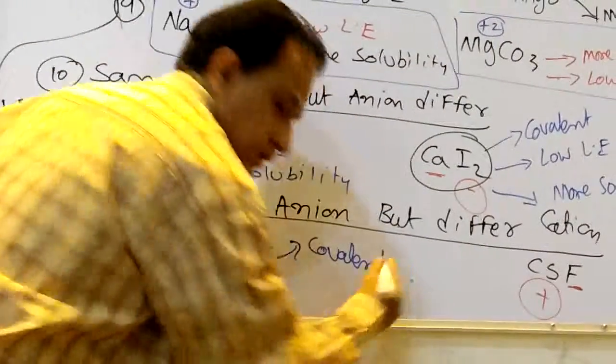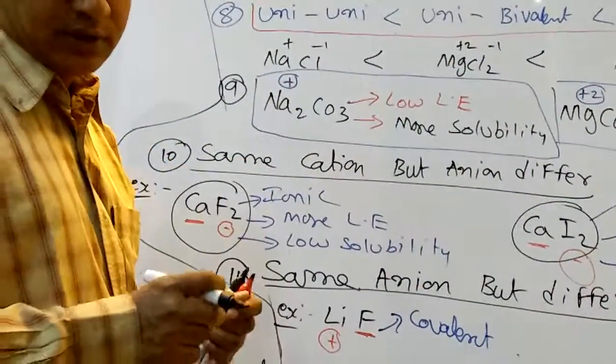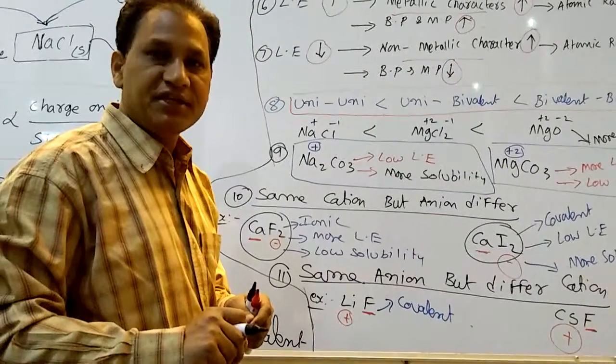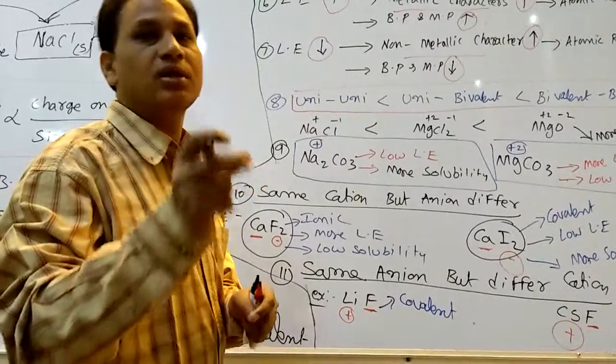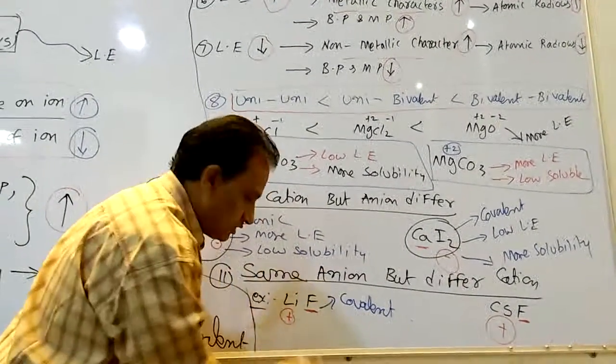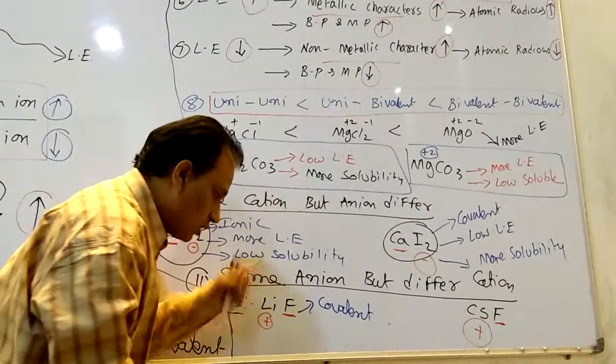You can see my video on what is ionic character and what is covalent. Small cation with a big anion gives covalent. Ionic means big cation, small anion is required. So the anion is constant in both cases, but the cation is small, that is covalent.